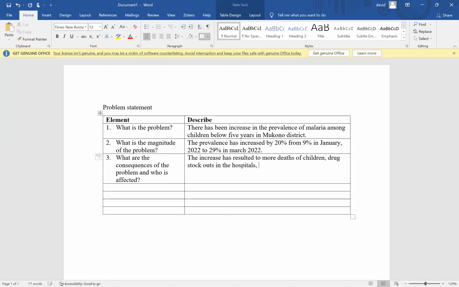Work overload for nurses. Loss of revenue. We call it catastrophic expenditure for the parents.